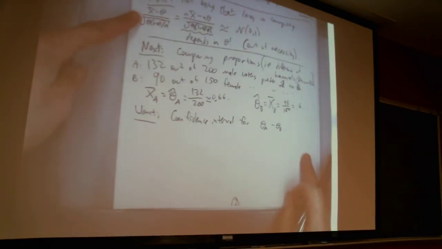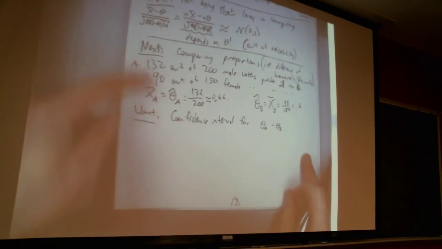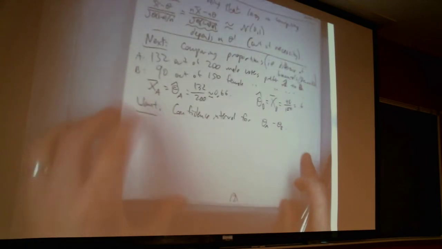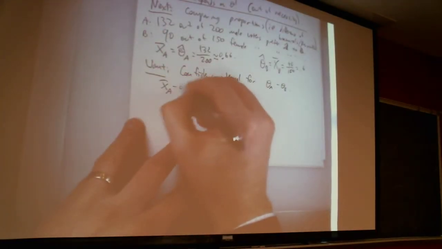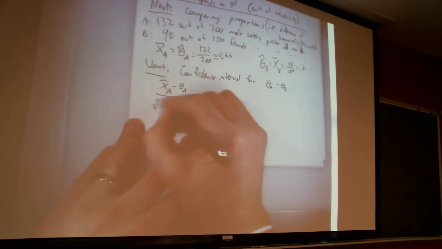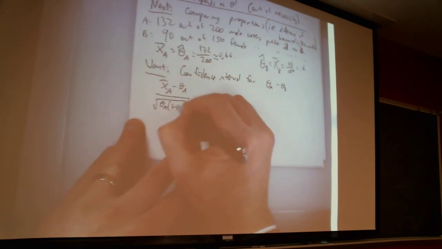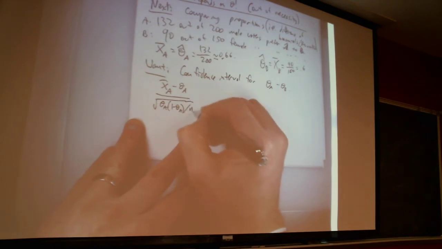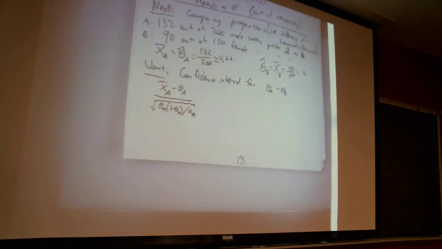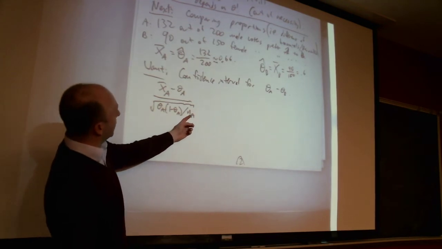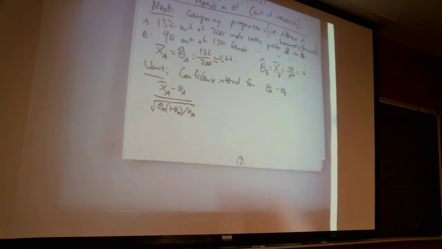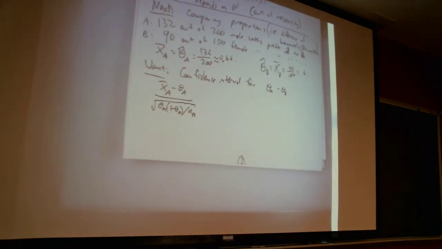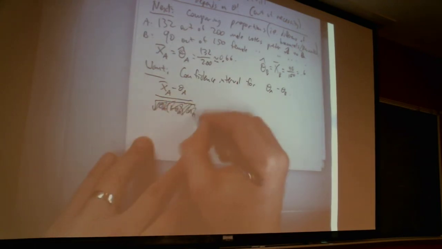We're going to pretend that this is a Gaussian in each of the independent experiments, polls. So x bar A minus theta A divided by the square root of theta A times 1 minus theta A divided by nA, the number of trials, in other words 200 in the case of men. Actually, this is not a standard Gaussian normal.